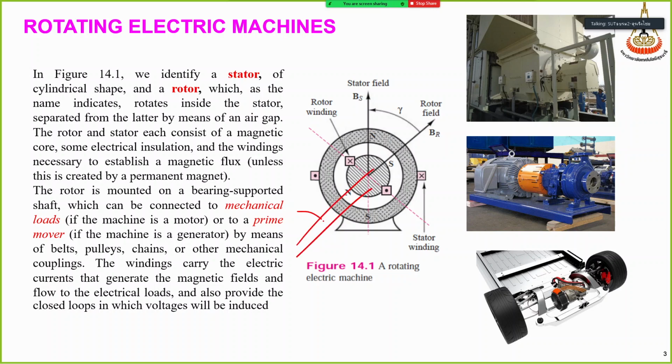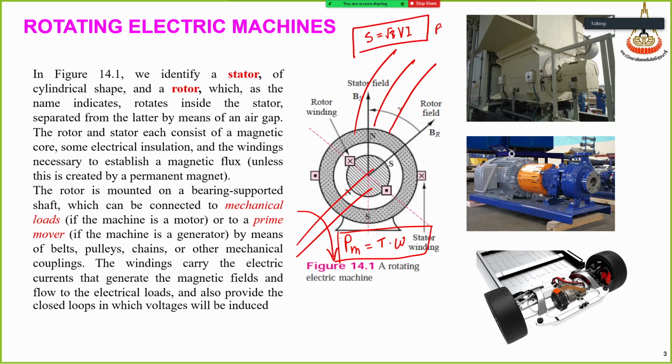If you compute the power here, mechanical power will be torque and angular speed, T into omega here. And for the electric power, S will be square root 3 VI, right? Like this, which is P plus jQ here, as we have learned earlier.